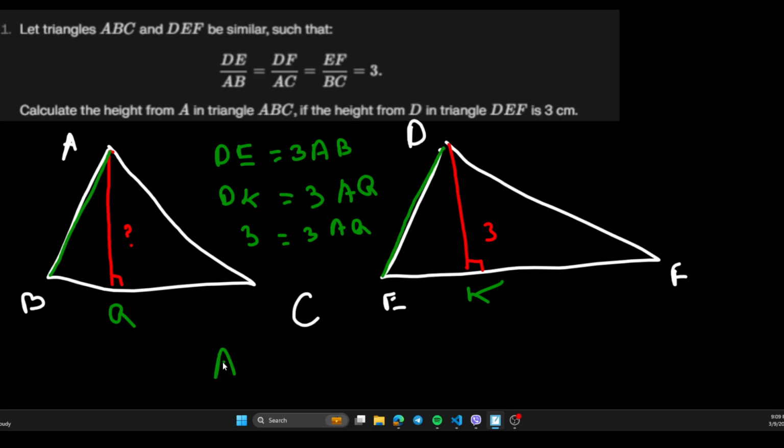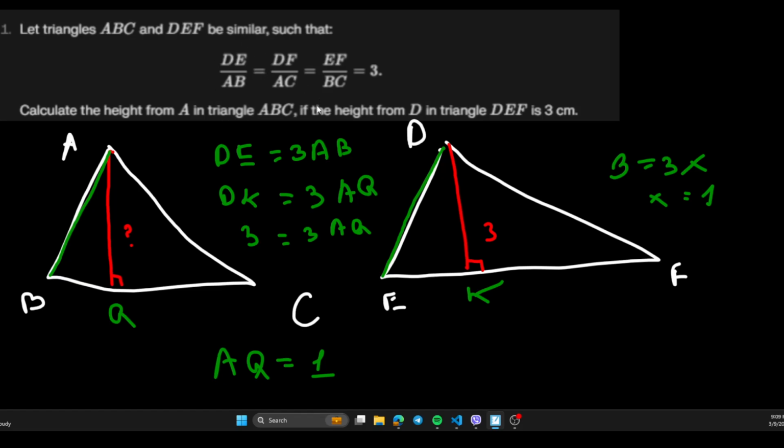Now only AQ is left. You have 3 equals 3x, so x is 1. Just 1. AQ is 1.